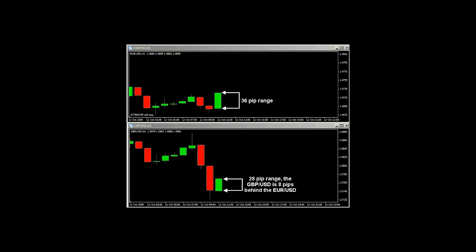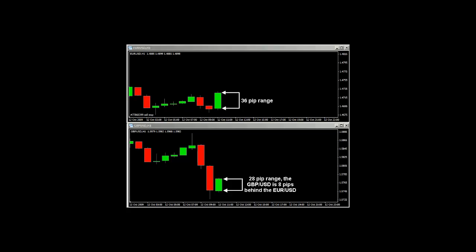Knowing that the pound-US dollar has lower lows and higher highs than the Euro-US dollar, when the range is lagging, also known as range lag, behind the range of the Euro-US dollar, binary traders can identify a potential directional trade setup.